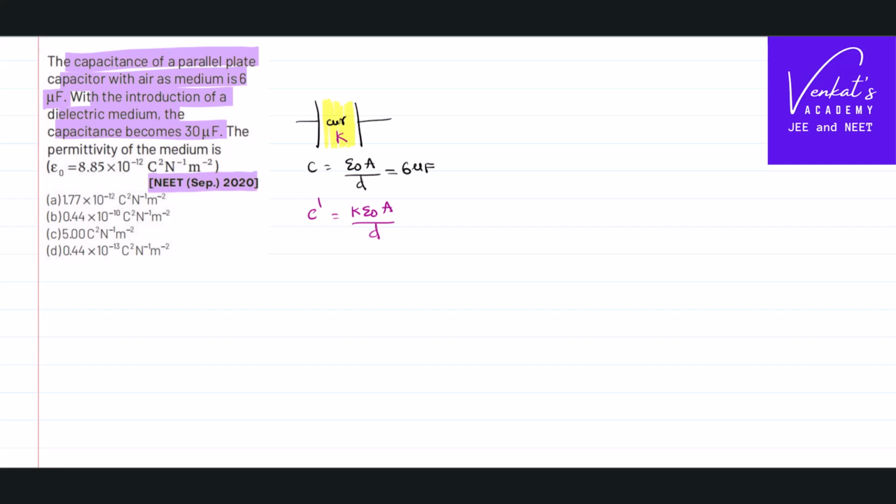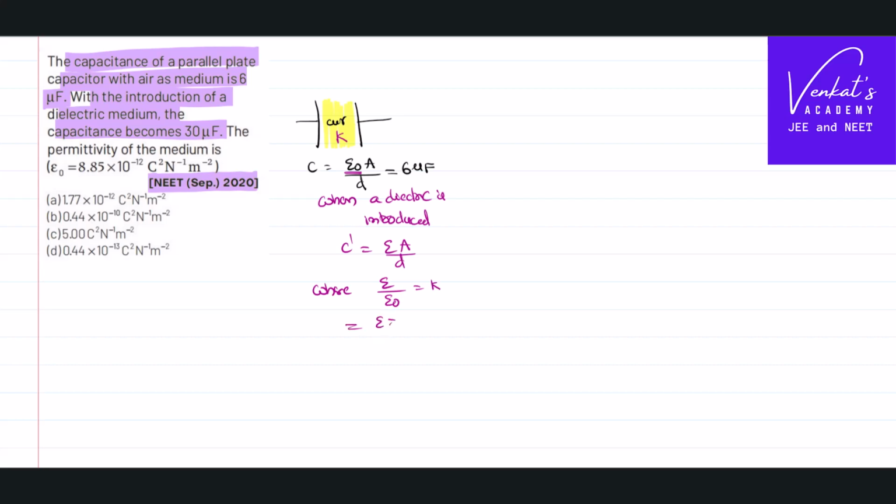When it is another medium, let me get that formula for you. When a dielectric is introduced, C dash is, instead of the permittivity of free space, the permittivity of the medium into A by D, where the ratio of the permittivity of the medium to the permittivity of free space is called the dielectric constant.